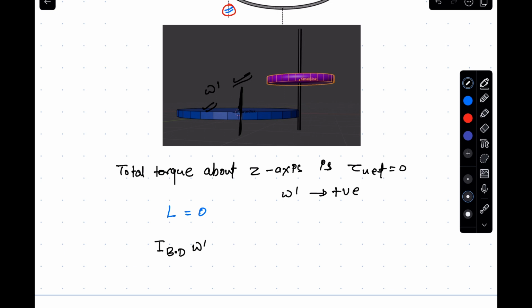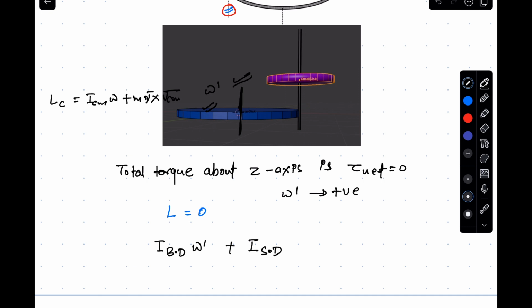Now let us also write down the angular momentum of the smaller disk. The smaller disk is rotating, as you can see in the animation, this dark blue disk is rotating in the clockwise direction. The angular momentum of any body is written as I_CM omega plus m r vector cross V_CM vector. So the I_CM will be I of the smaller disk about the center of mass, multiplied by omega.